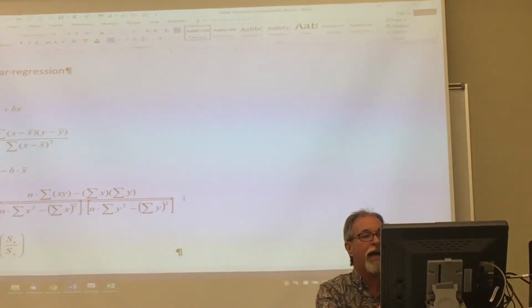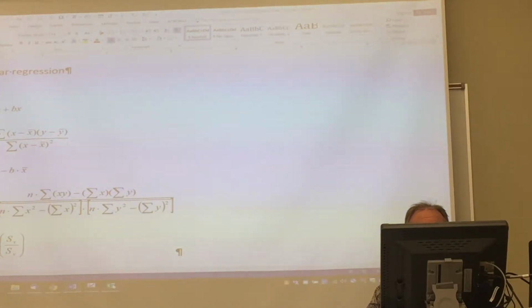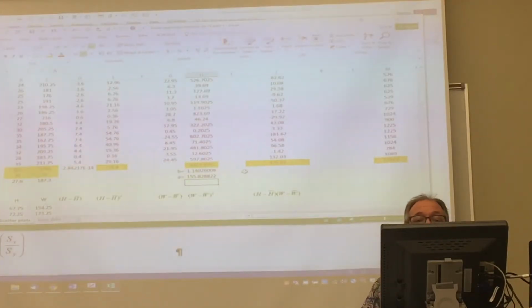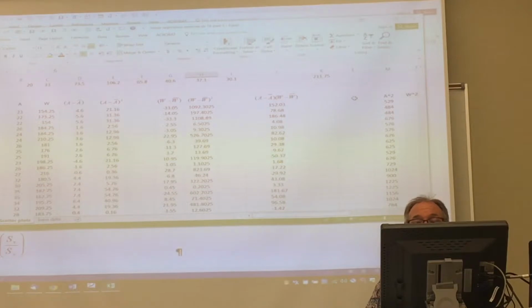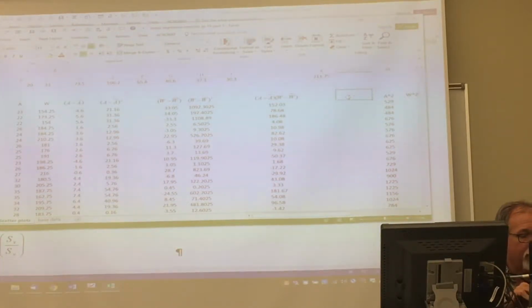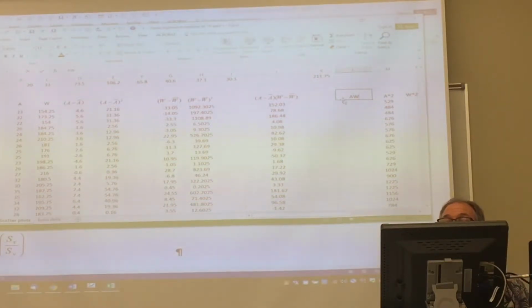Well, if you go back to this, do I have an A times W column? No. I don't have an A times W column, so I have to calculate an AW column. Well, where do I find my A value?